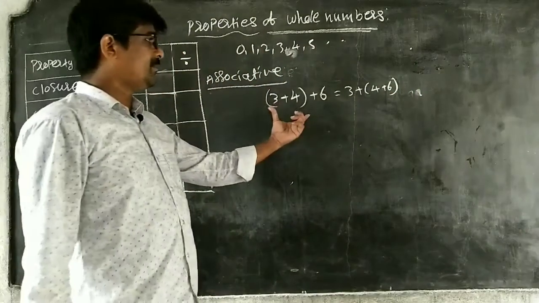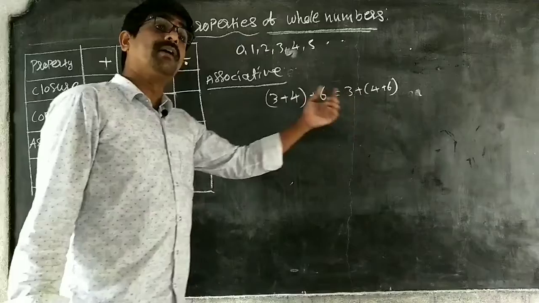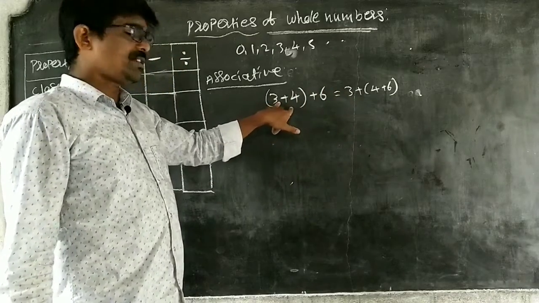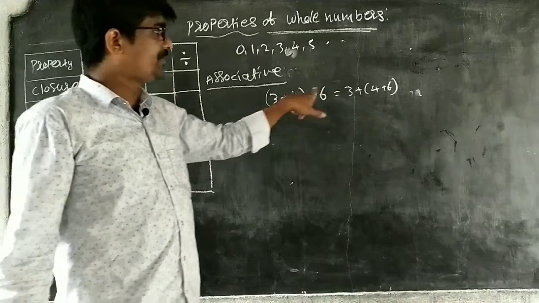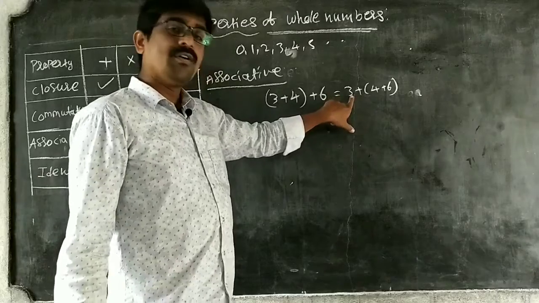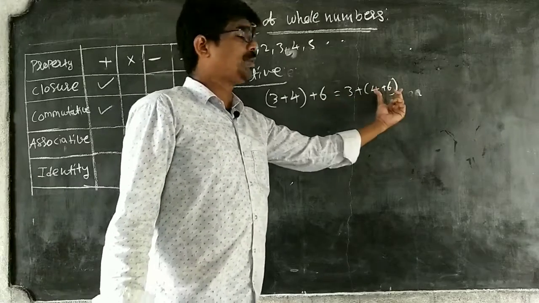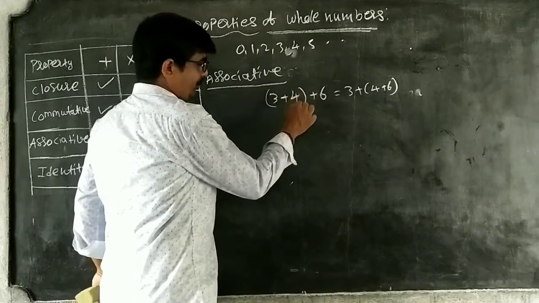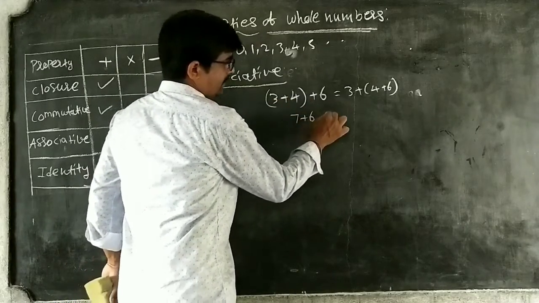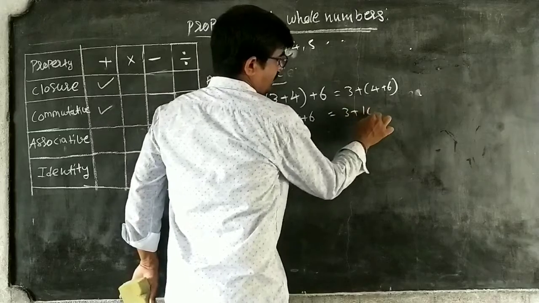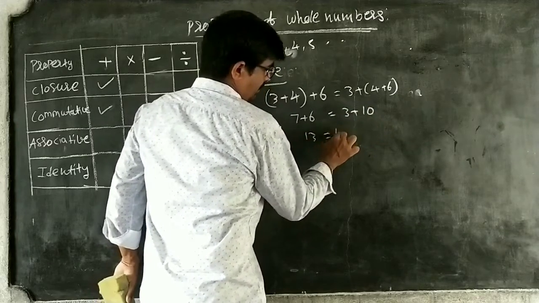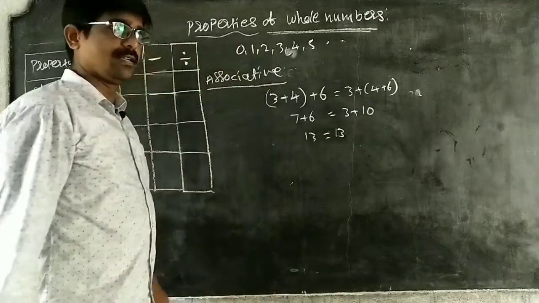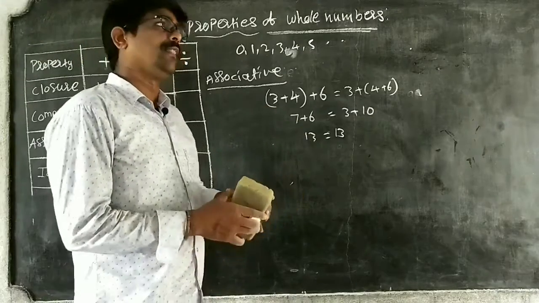In the first, I add the first two numbers, then the third. In the other, I add the last two numbers first. 3 plus 4 is 7, plus 6 is 13. And 3 plus 10 is 13. So 13 is equal to 13.